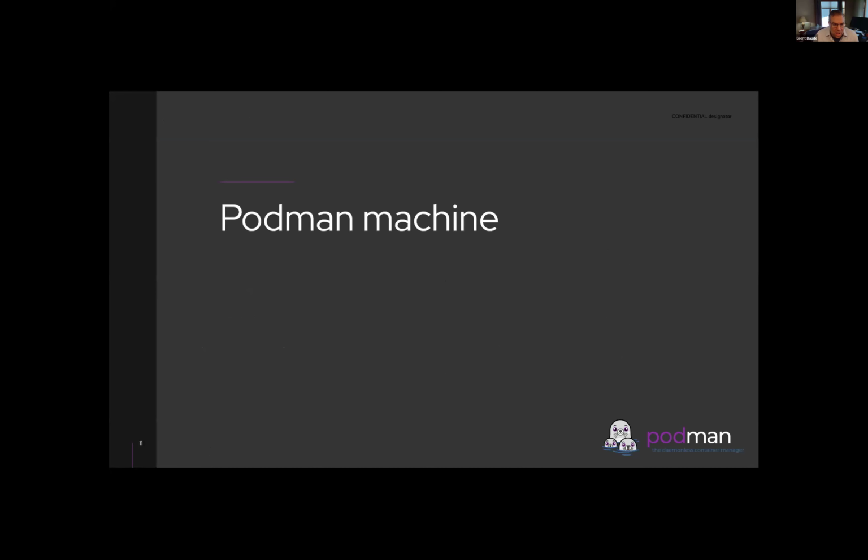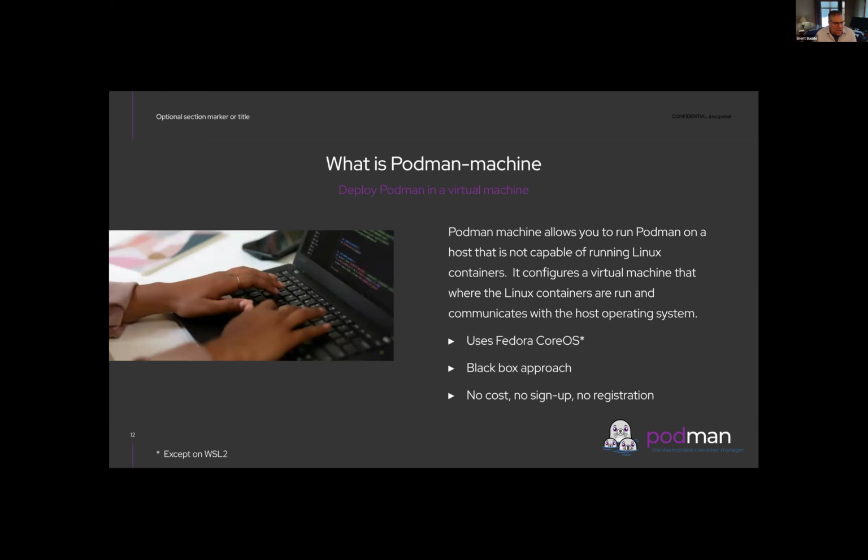Okay. Podman machine is where a lot of our change has been in the last few years. This is how we refer to our Mac and Windows support. The equivalent would be, to some degree, Docker Desktop. Podman machine in itself is all still CLI based. The desktop portion of that is actually provided by Podman Desktop.